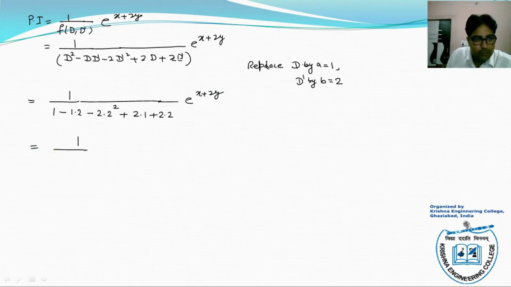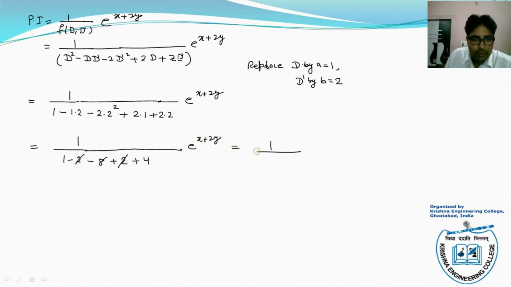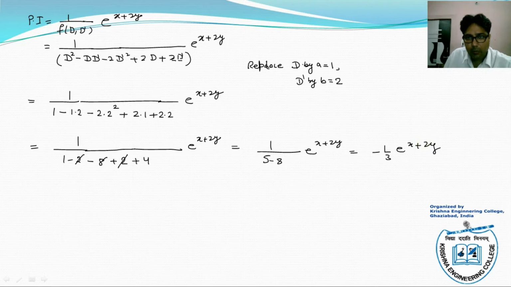So this becomes 1 minus 2 minus 8 plus 2 plus 4. Sorry, minus 2 cancel, plus 5, so we get 5 minus 8, e to the power x plus 2y. So this becomes 1 upon 3 e to the power x plus 2y.